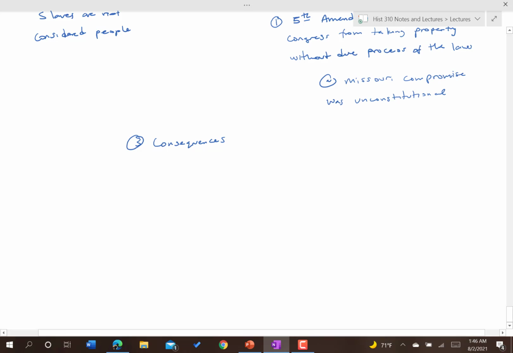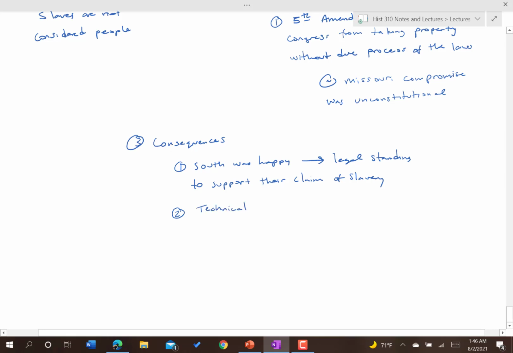So consequences with this, of course, is one, the South was not only happy, but they now had legal standing to support their claim of slavery, which certainly gave them a stronger position.